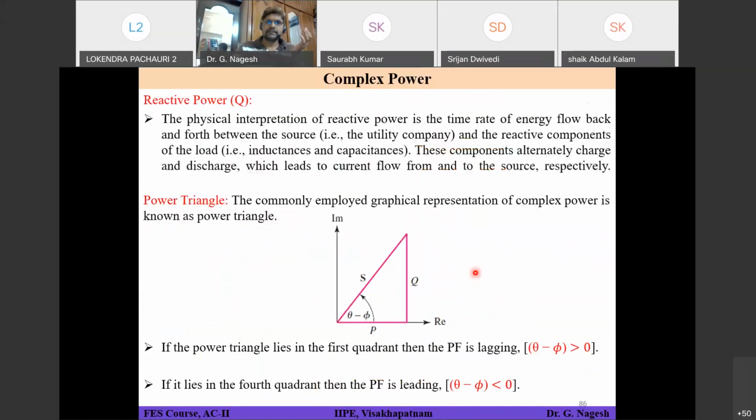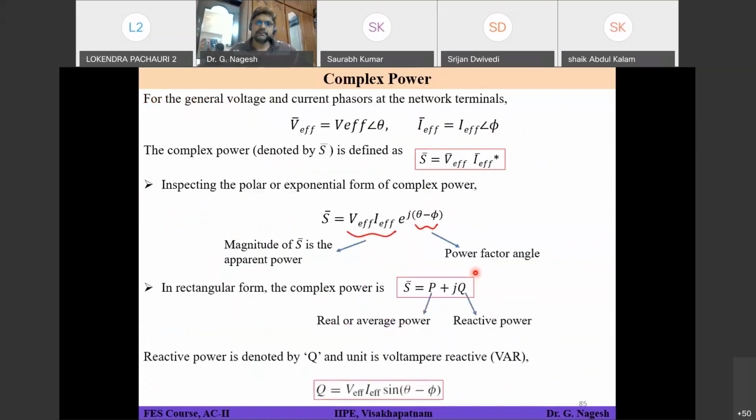Yesterday we started discussing complex power, denoted by S bar, which is V effective into I effective into e to the power j into theta minus phi. In rectangular form it is P plus jQ, and P and Q we have already seen.